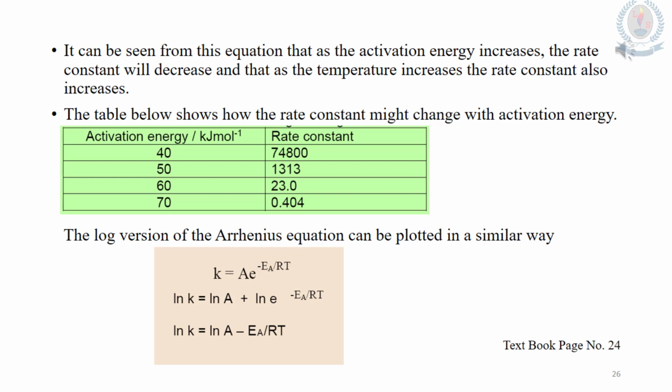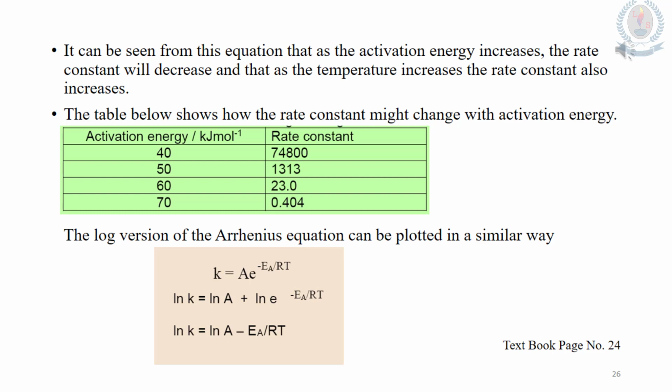Earlier we said as activation energy increases, the rate constant will decrease. Here, when activation energy is 40 kilojoules per mole, the rate constant is 74,800. When activation energy is 70 kilojoules per mole, the rate constant is 0.404.